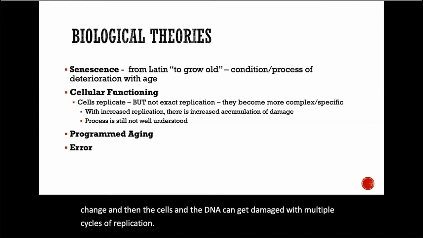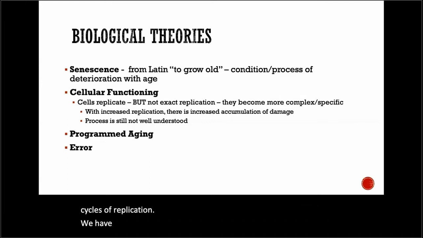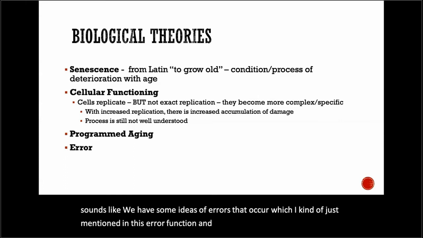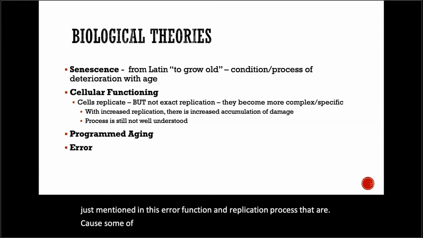We have some ideas of programmed aging, and that's just what it sounds like. We have some ideas of errors that occur, which I kind of just mentioned in the cellular function and replication process, that cause some of the aging.